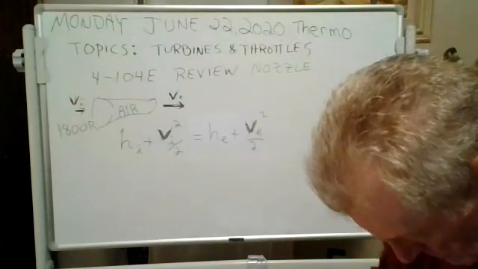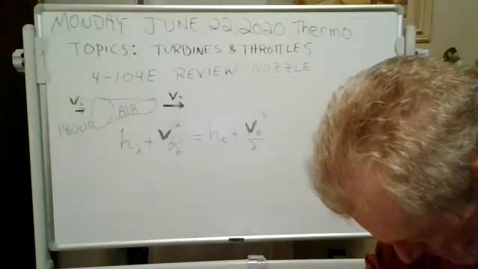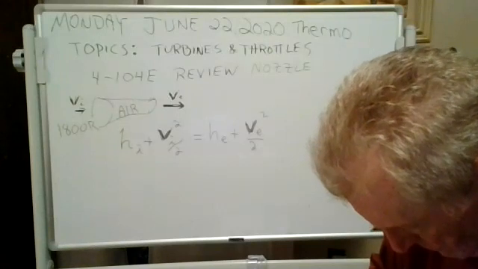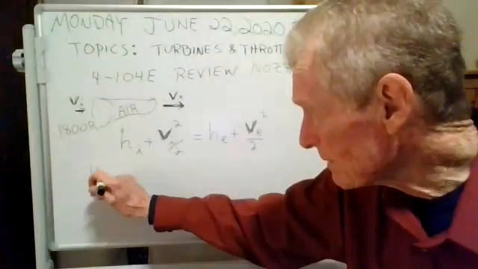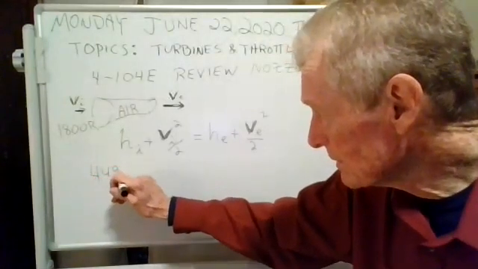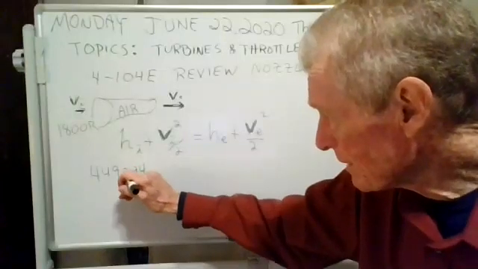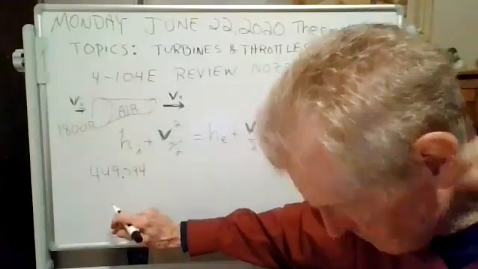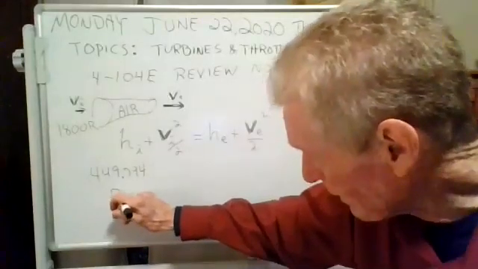$1,800. There it is. It is 449.794. I'm on table F.5.